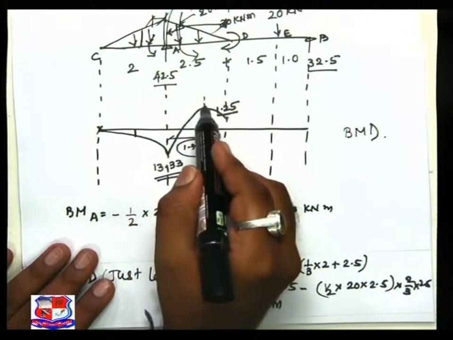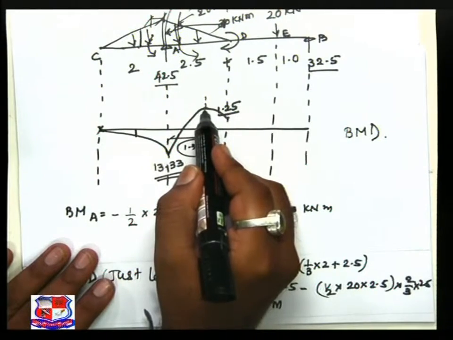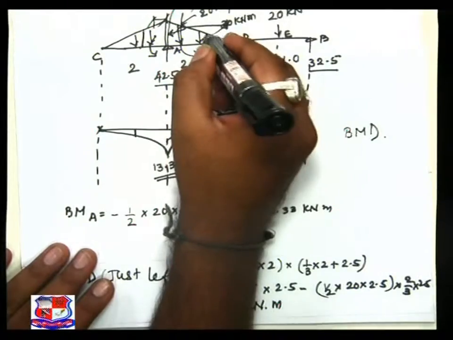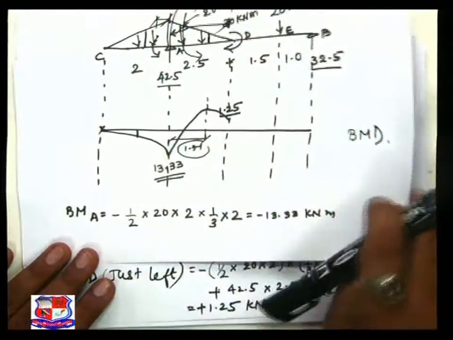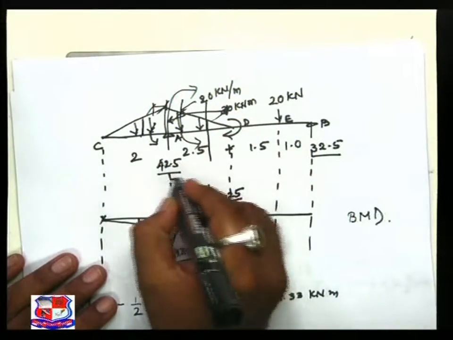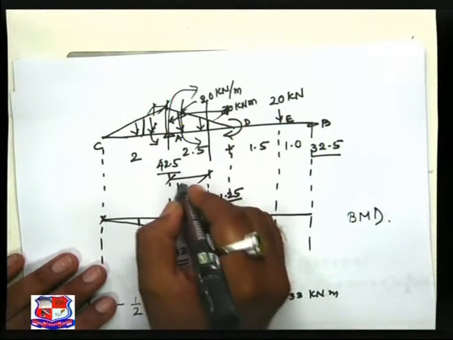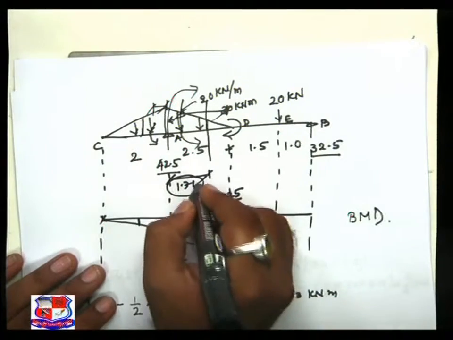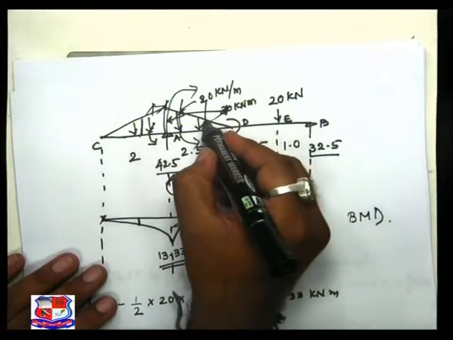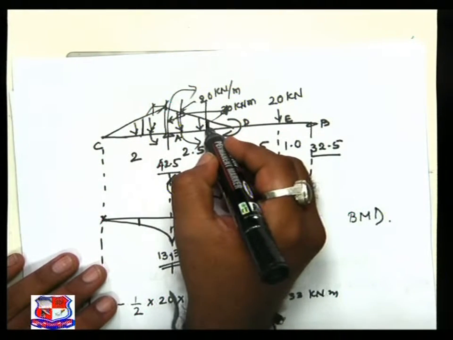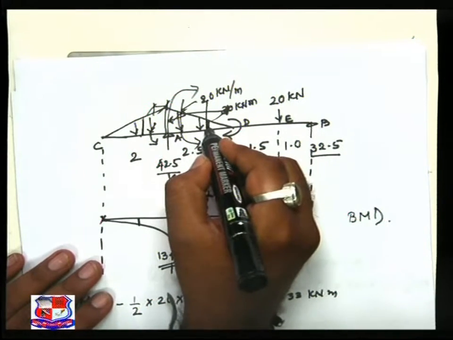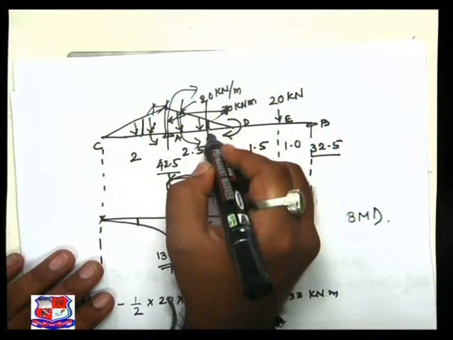Now my intention is to find out this ordinate, and that ordinate I have to find out by taking a section over here. Please refer to my figure. I have to take a section at 1.71 meter. So I have to find out this ordinate. Then I have to take all the moments of the forces at this section.